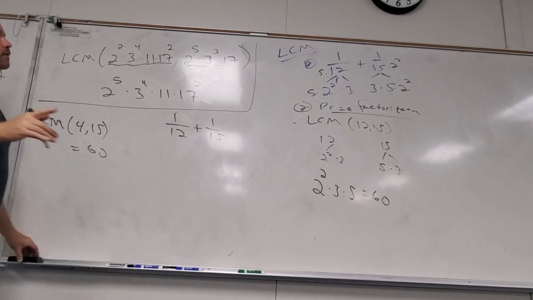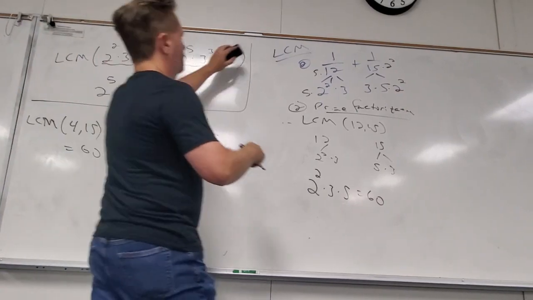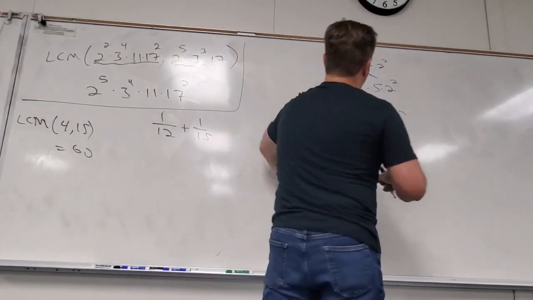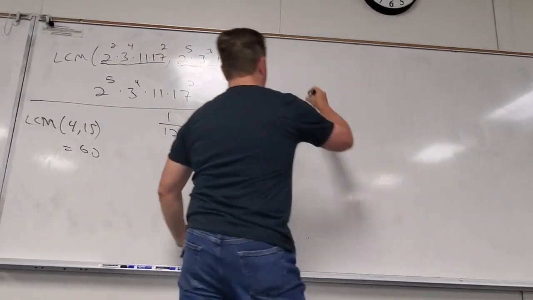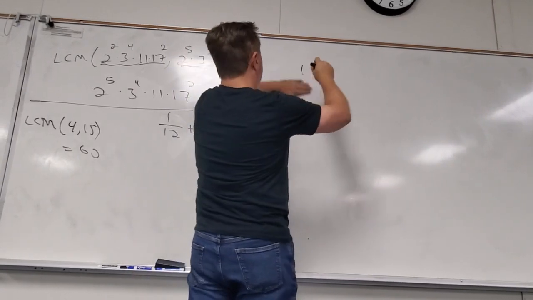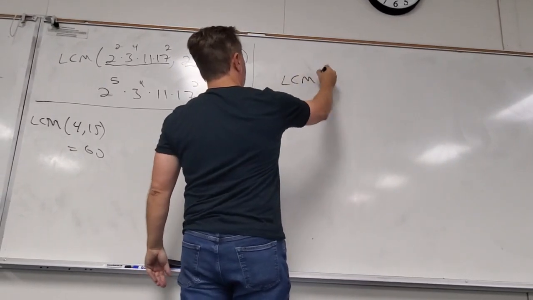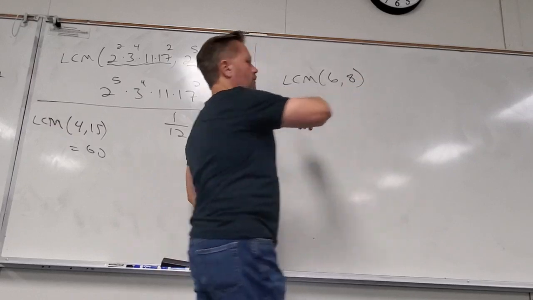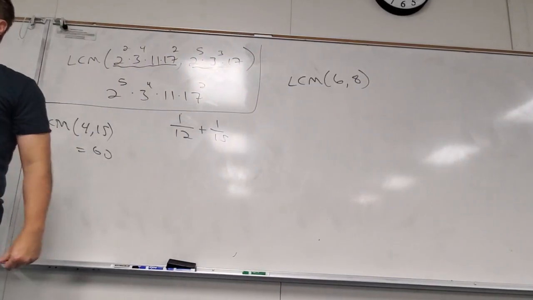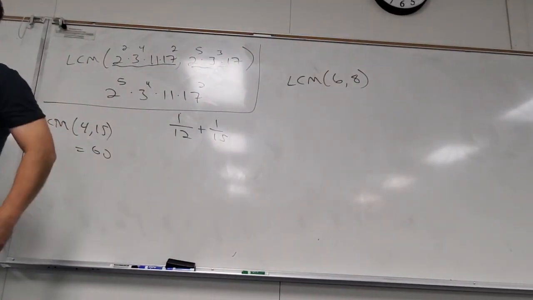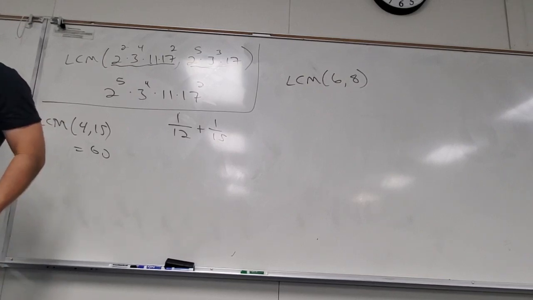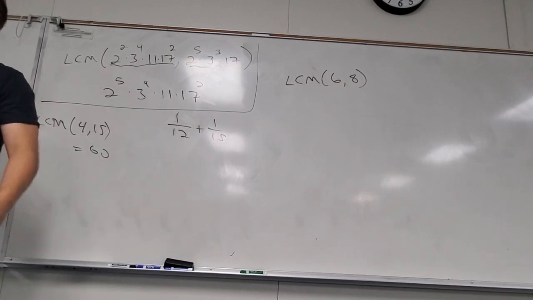So, watch this. Let's just do LCM of 6 and 8. Is the answer 48? Why can't I just multiply them and get the answer? They're not relatively prime.